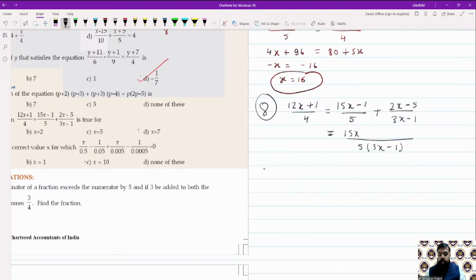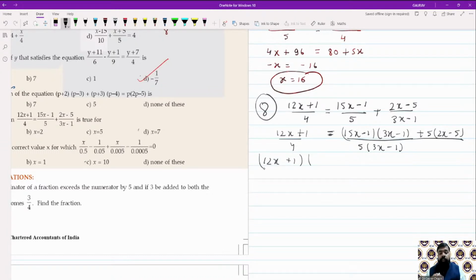So 15x minus 1 will be multiplied with 3x minus 1 plus 5 into 2x minus 5, and it is equal to 12x plus 1 upon 4. Now we are having both side values in fractions. We can also do the cross multiplication. So 12x plus 1 will be multiplied with.